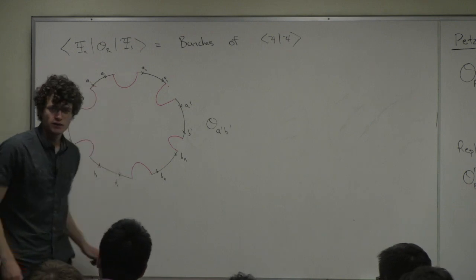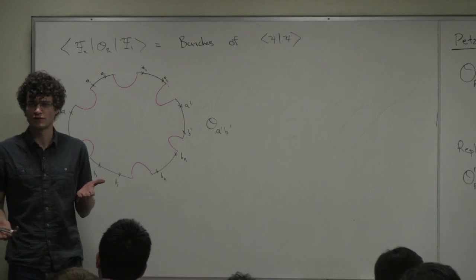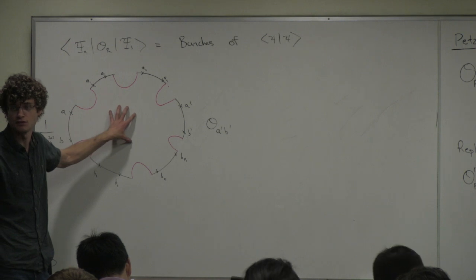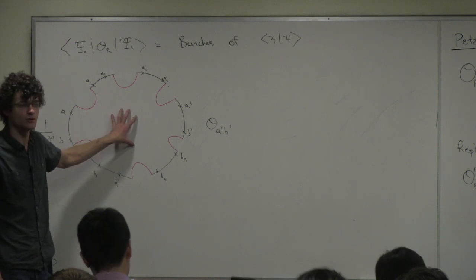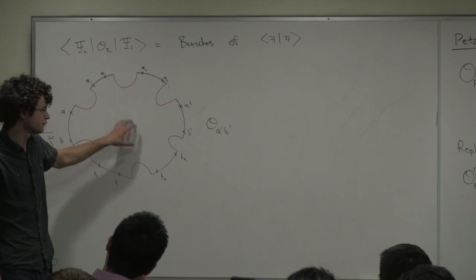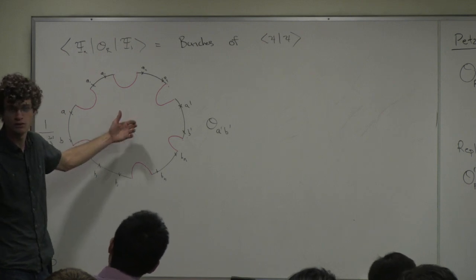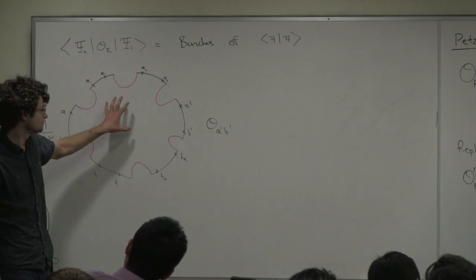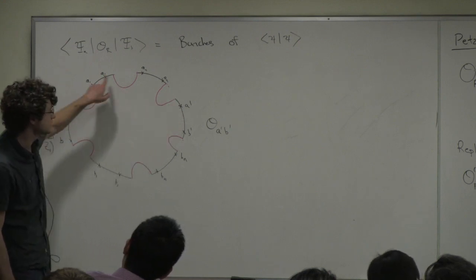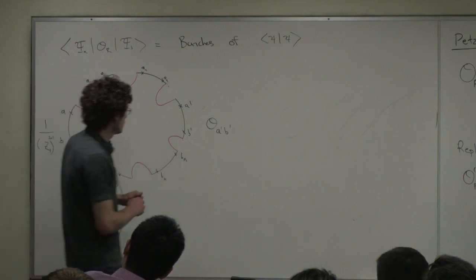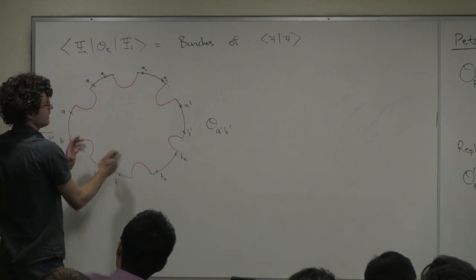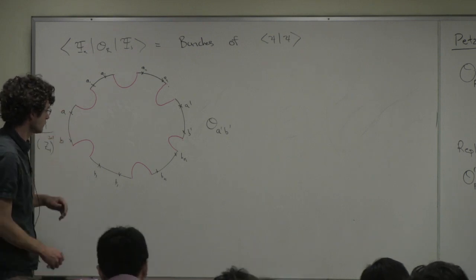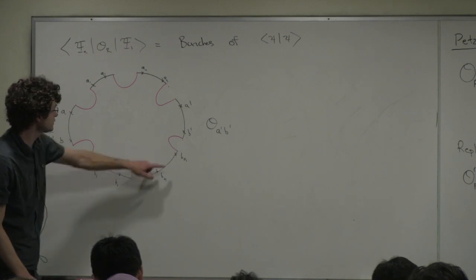Okay, so we still need to compute the gravitational part of the computation here, and then the field theory computation. So the gravity part is at order 1 over G Newton. The field theory part is at order 1. For the gravity part, we don't care about the propagating quantum fields. We can erase all of these A and B indices. So we care only about this geometry here, and that's some object which has 2n plus 2 boundaries.